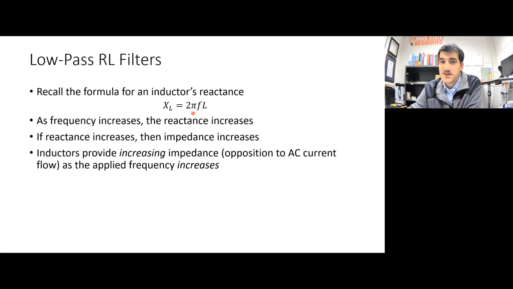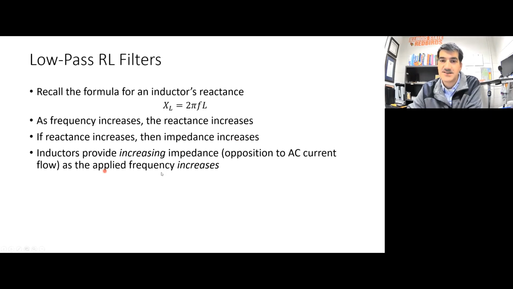For an inductor, it's 2 pi times the frequency times the inductance, which is measured in henries, and the variable is L. Note that as the frequency increases, the reactance increases. And if our inductor is purely inductive, then the impedance is equal to the reactance. So if the reactance increases, then the impedance also increases.